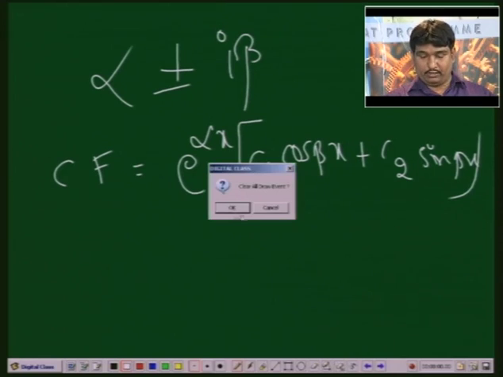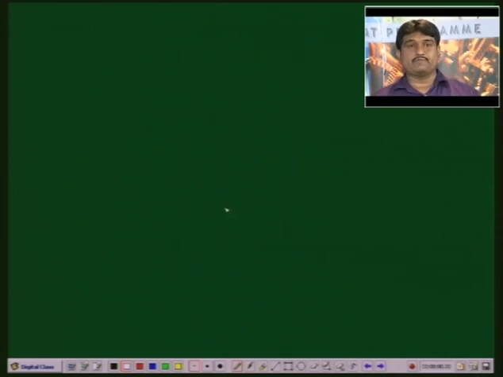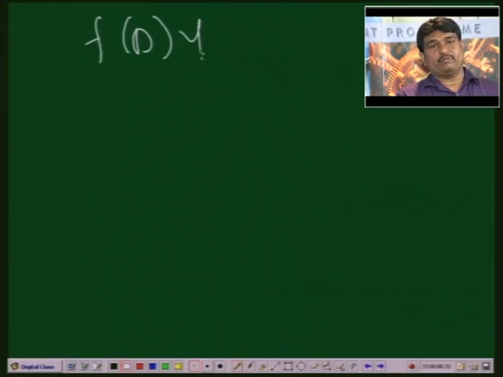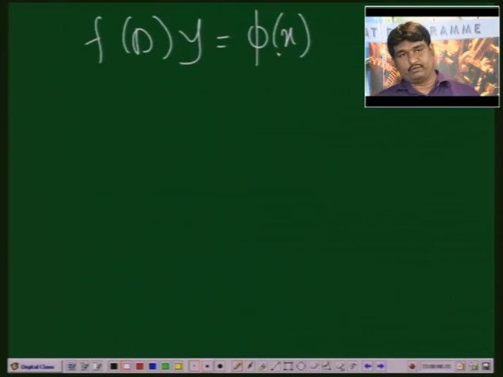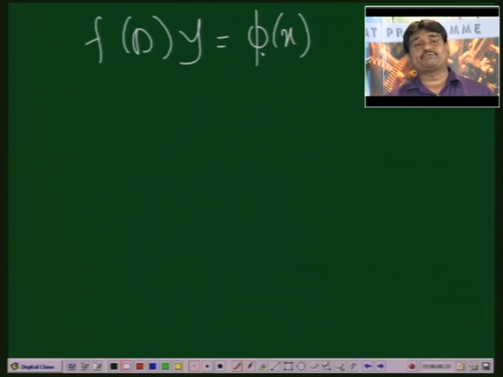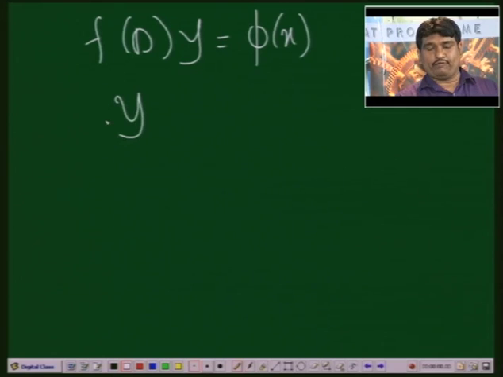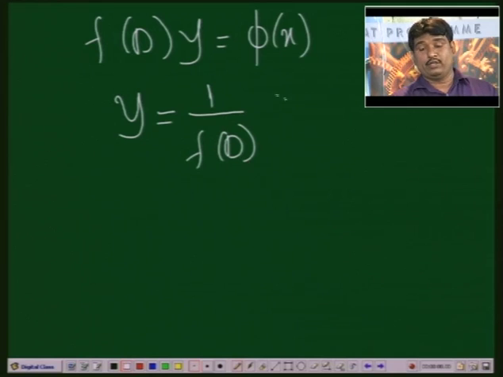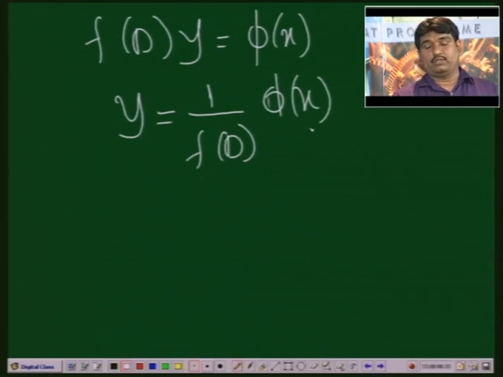I will quickly talk about particular integrals. f(D)y equals phi(x) is the given differential equation. I am talking about linear differential equations with constant coefficients. Now, the particular solution means the value of y which satisfies this differential equation, which is y equals 1 over f(D) operated on phi(x).